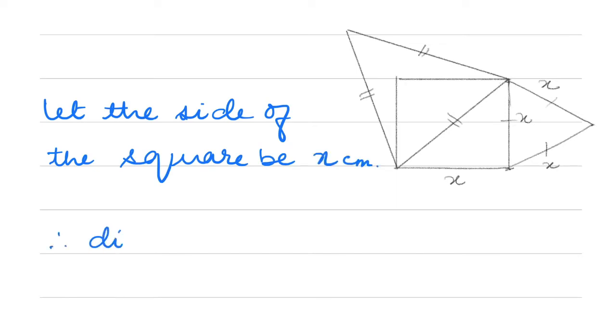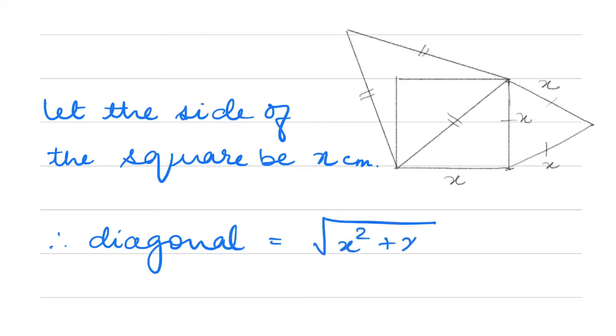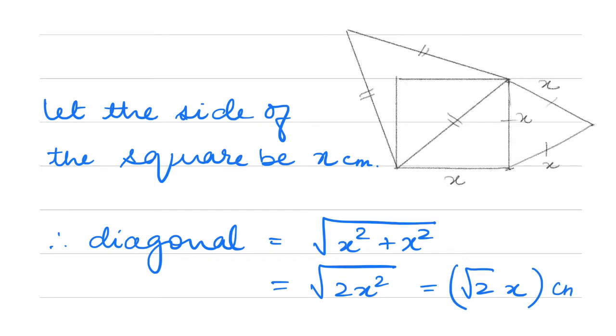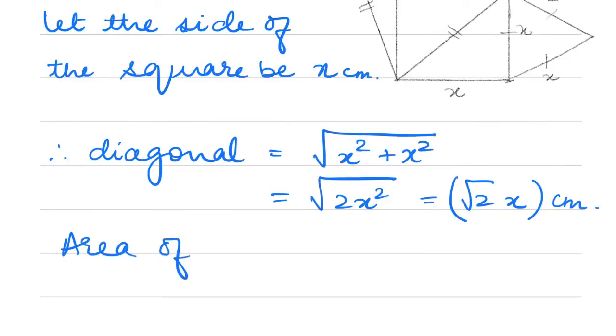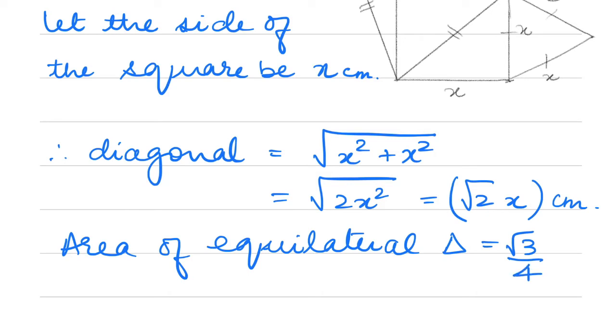Therefore, diagonal will be equal to square root of x square plus x square. So this is equal to square root of 2x square, or we can write down as root 2 x centimeter. Area of equilateral triangle is root 3 by 4 side square.